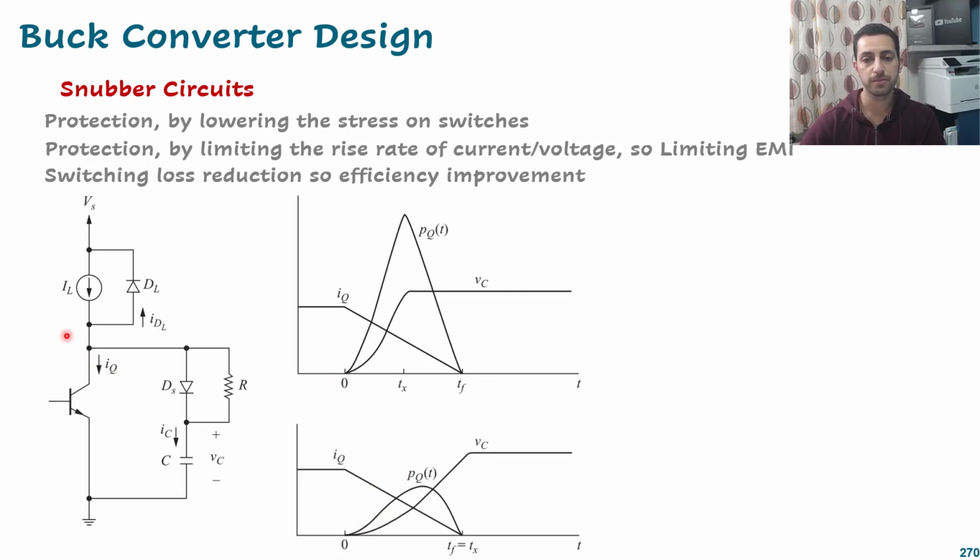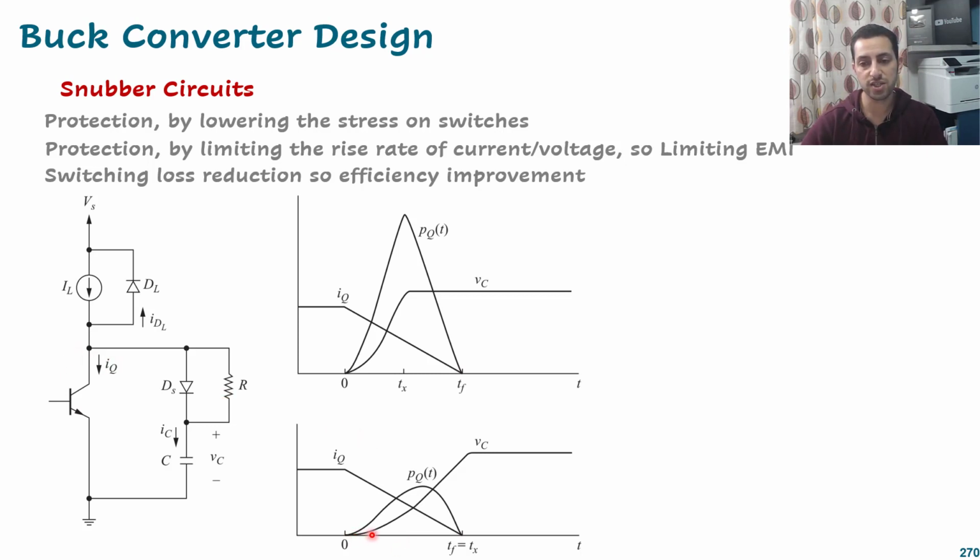So the voltage across that switch will be slowly increasing like that during the turn off. So the current now will reduce, but the voltage across that switch will not rise significantly or very fast.